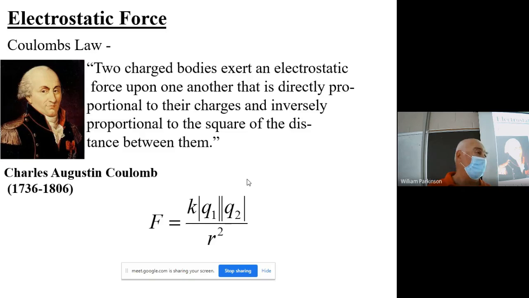Just put the number in there. So when you multiply the K times the Q1 times the Q2 divided by the R squared, you're always guaranteed a positive number. There is no sign of force. That's a direction of force. The sign will kind of tell us the direction. So again, this formula is eerily similar, and I will show that on the next slide, to Newton's gravity equation.